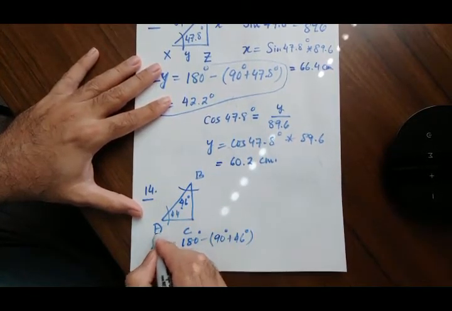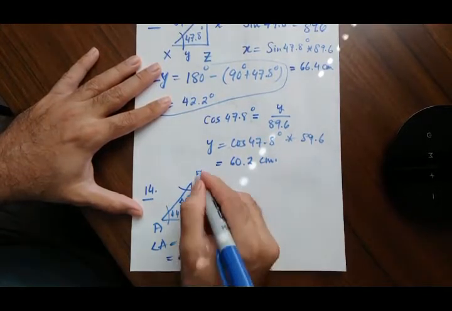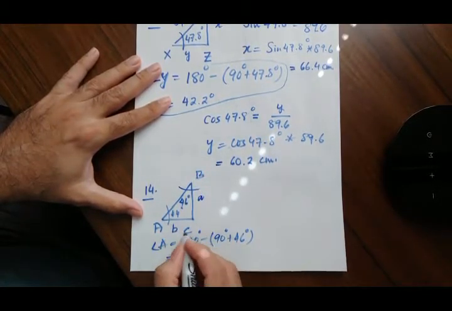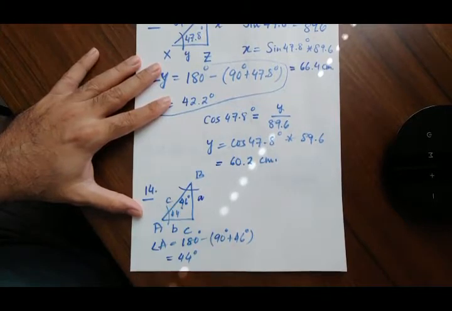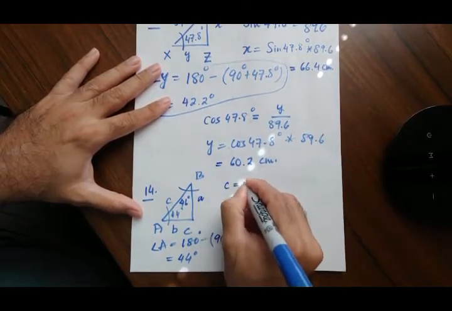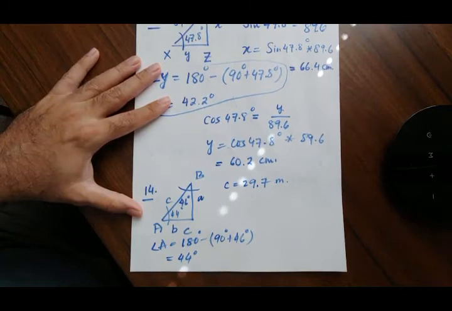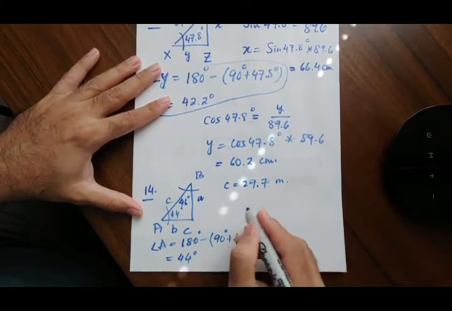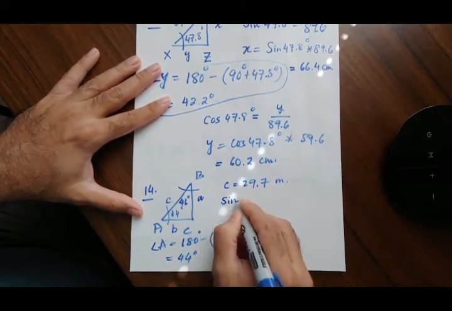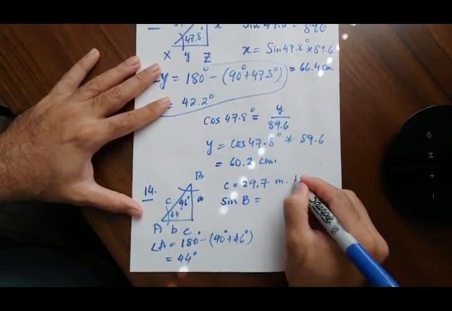Now the convention is, if the angle is capital A, the opposite side will be small a. If the angle is capital B, the opposite side is small b. If the angle is capital C, the opposite side is small c. So small c is given to you as 29.7 meters. How do I find the other sides? We can start with sine B, because the B angle is given to you. B is 46 degrees.